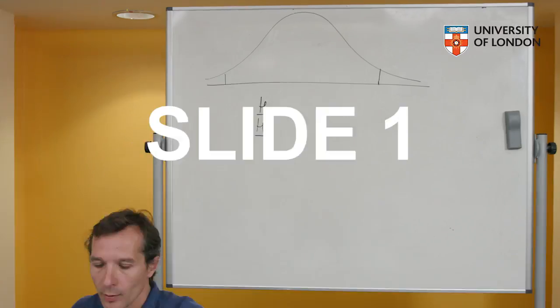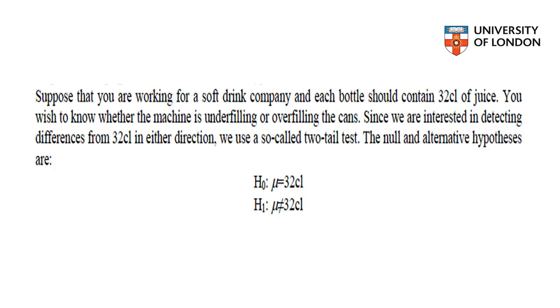rejected. So in this example, we will talk about a soft drink company that produces juice with 32 centiliters. And you would like to know whether the machine is underfilling or overfilling the cans. Because we're interested in the difference from 32 centiliters in either direction, we will call this a two-tail test.